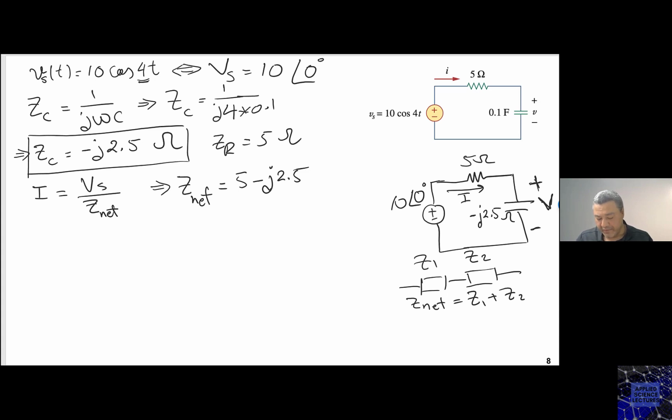If you have two impedances that are in parallel, Z1 and Z2, and you need to find the Z net, then 1 over Z net equals 1 over Z1 plus 1 over Z2. Yes, go ahead.